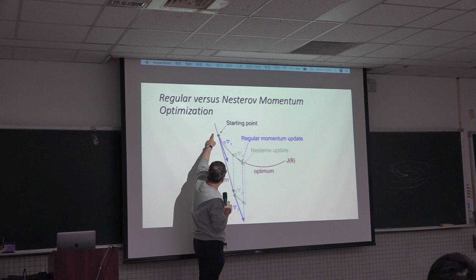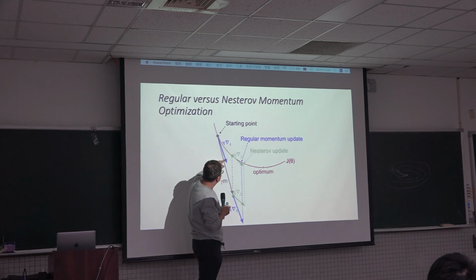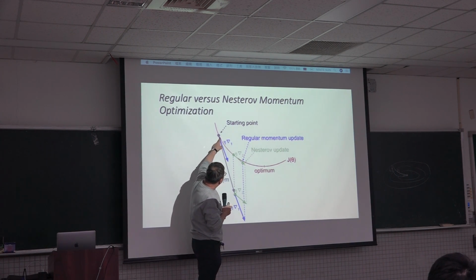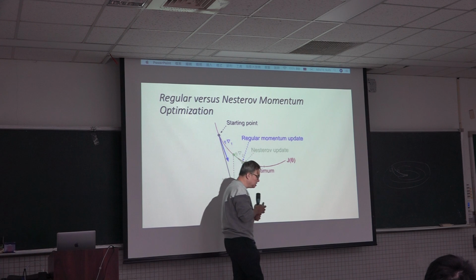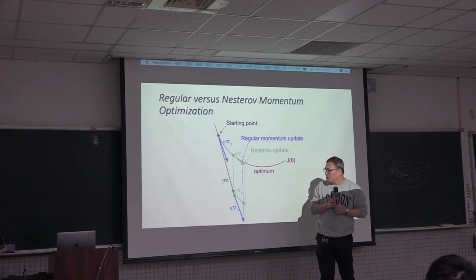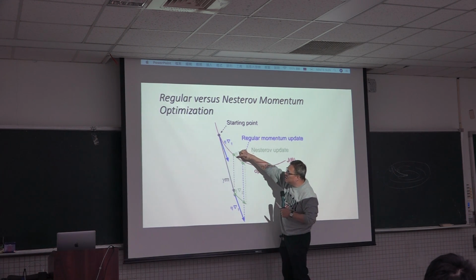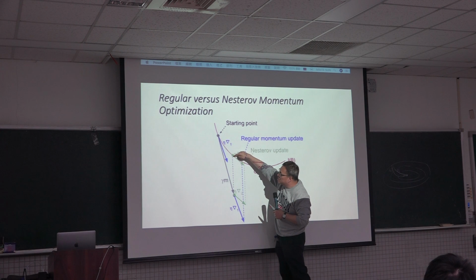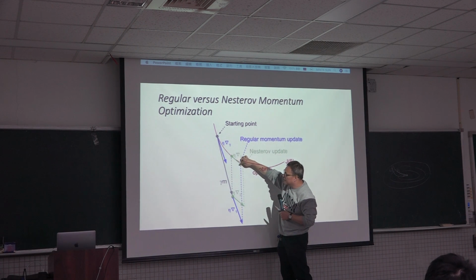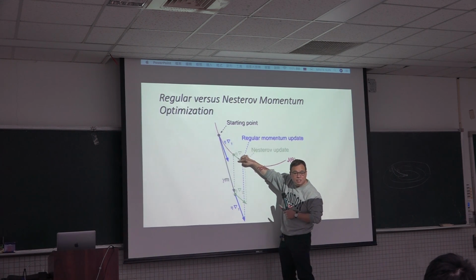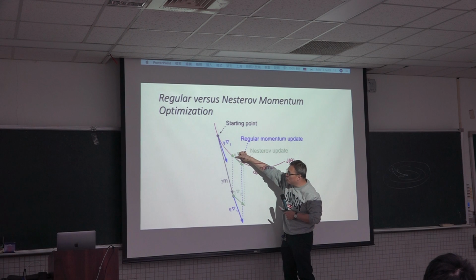But if you try to get a direction here, the gradient is going to point to here, right? The vector is going to point to here.